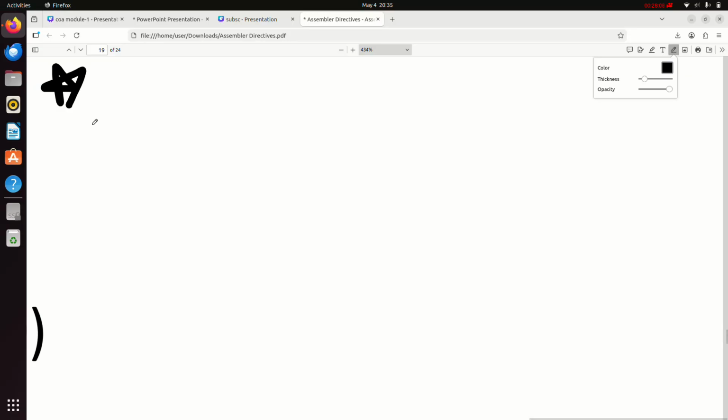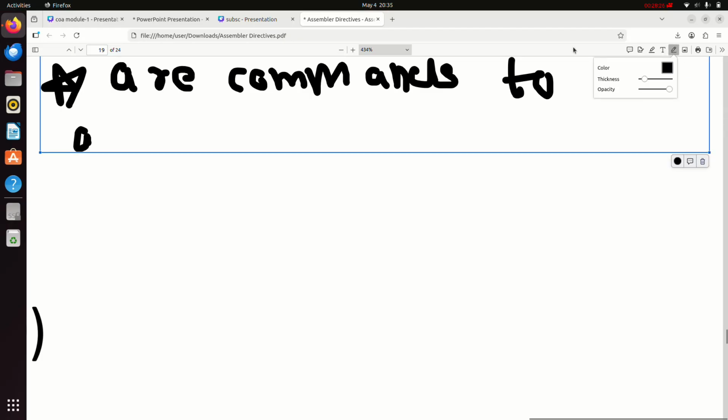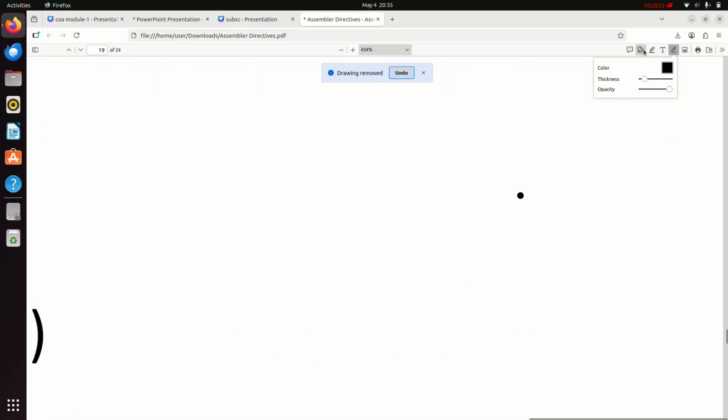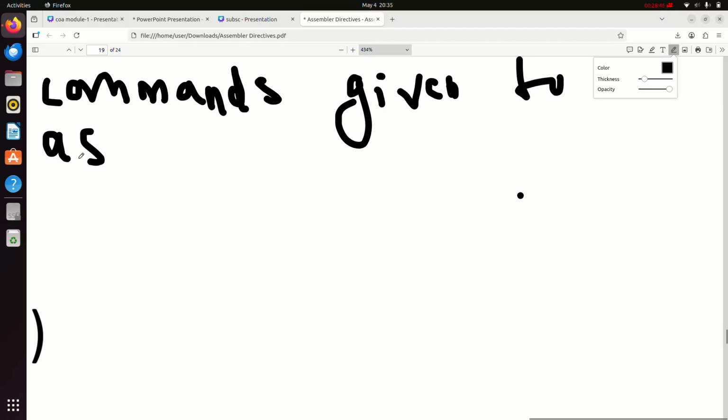Assembler directives are commands given to the assembler.